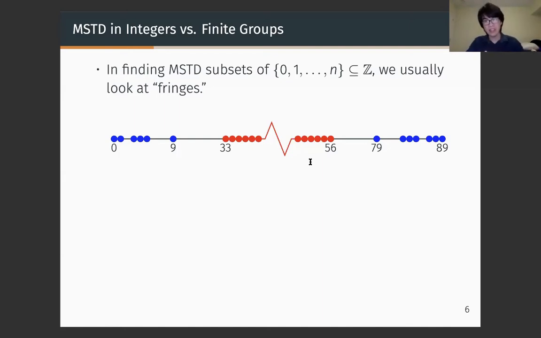The reason is that, for example, if we take n, then n can be written as the sum of elements from 0 to n in roughly n over 2 ways. But the number 1, for example, can only be written in one way as the sum of the elements in 0 to n, namely the sum of 0 and 1. So 1 has a lower probability of being in a randomly chosen subset than n.